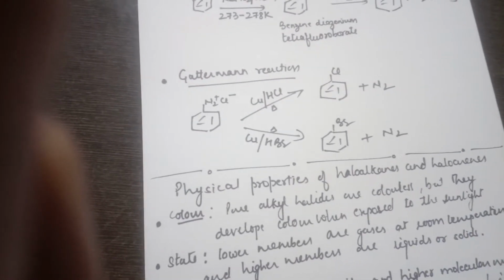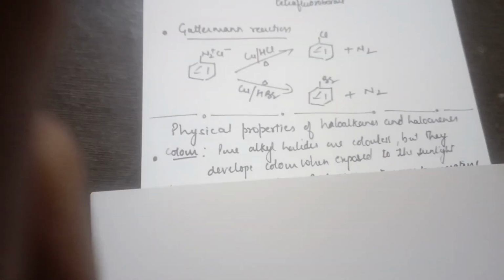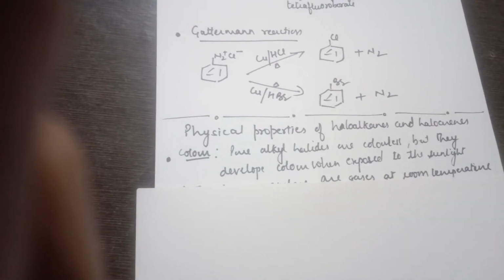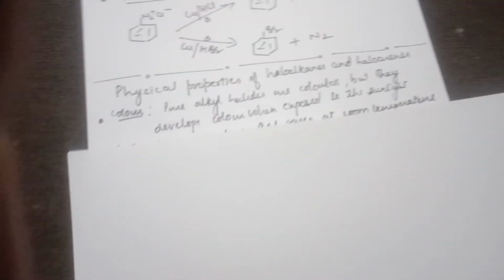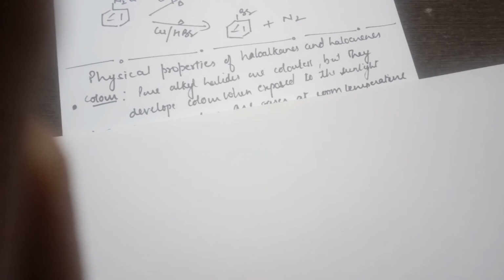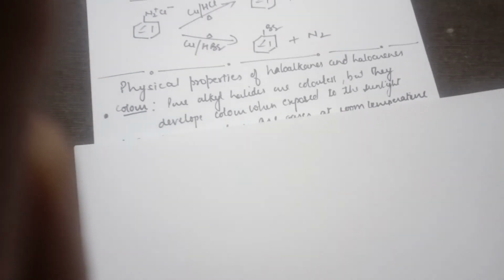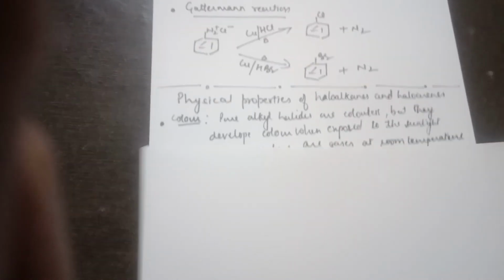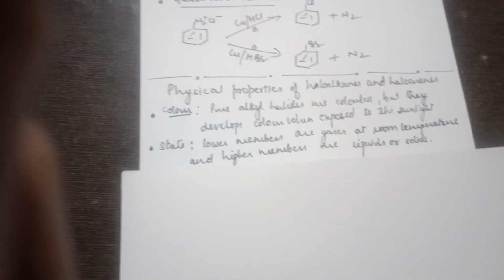Now I'm switching to the physical properties of haloalkanes and haloarenes. If I talk about the physical properties, the very first thing which comes is their color. Pure alkyl halides are colorless, but they generally develop color, like bromobenzene and iodobenzene, when they are exposed to sunlight.